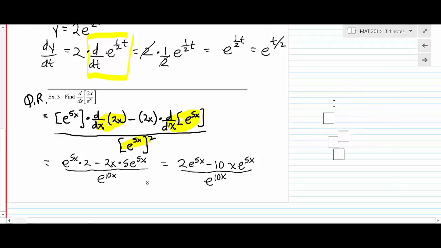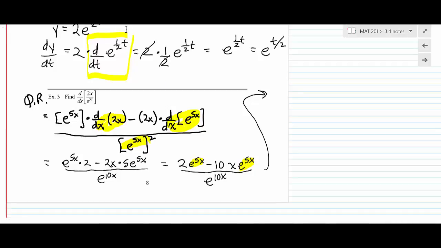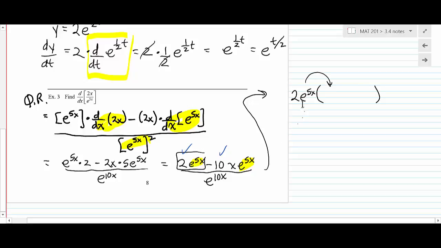So let's go ahead and do that, because every time you do the quotient rule, you need to think about factoring. So what I'm going to do is take this out. We also have the factor between 2 and 10 is 2. So we're going to take our common factor out of 2e to the 5x, like that, okay? Now just think in your mind what you're going to have here. What do you multiply 2e to the 5x by to get itself? A 1. All right, do this in your head.